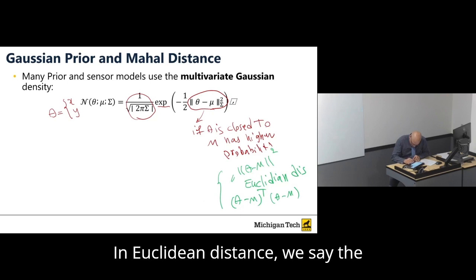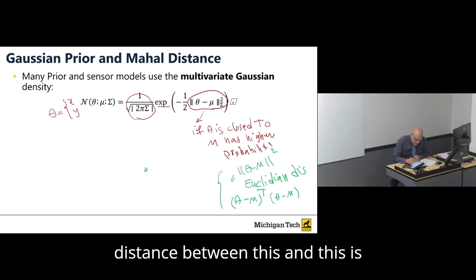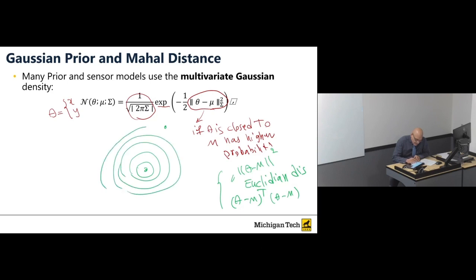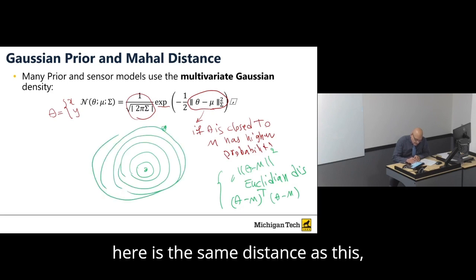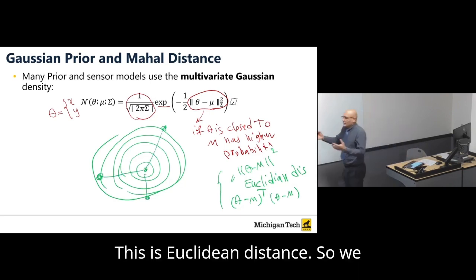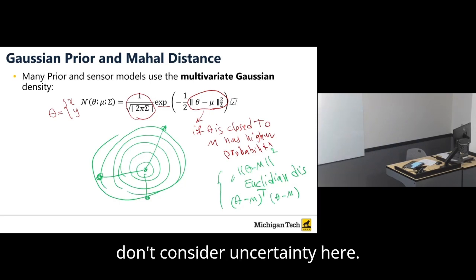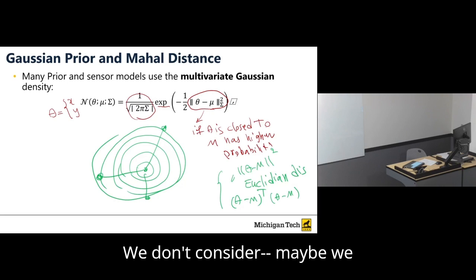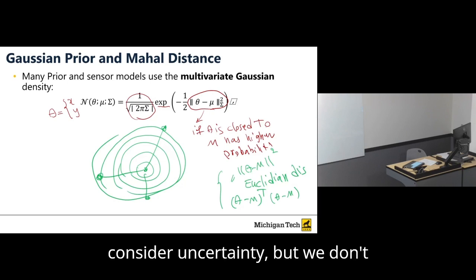In Euclidean distance, we say the distance between this and this is like a circle. Here is the same distance as this, and this is all the same. This is Euclidean distance. So we don't consider uncertainty here. We don't consider sigma.